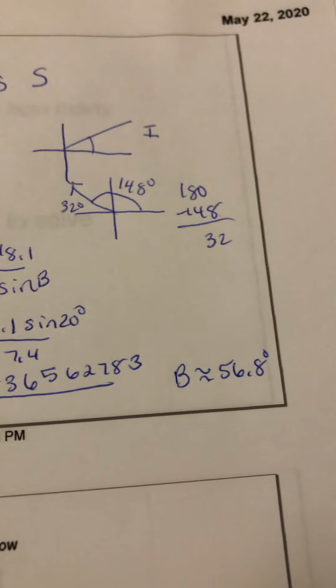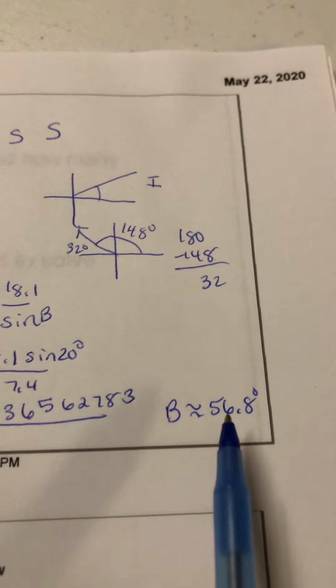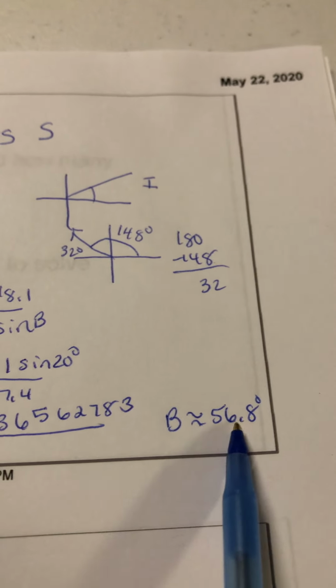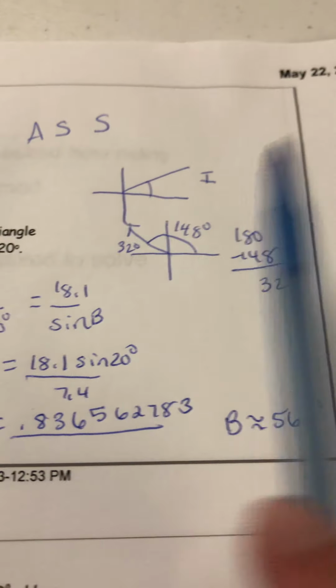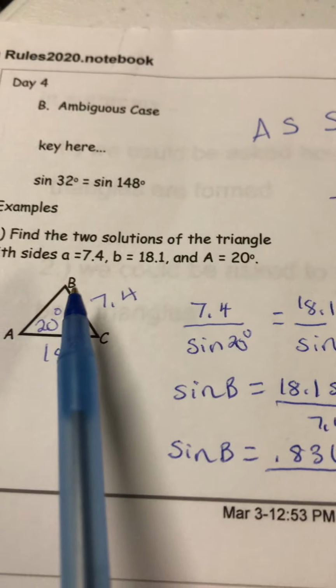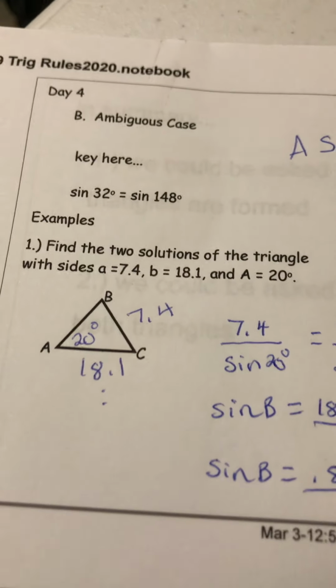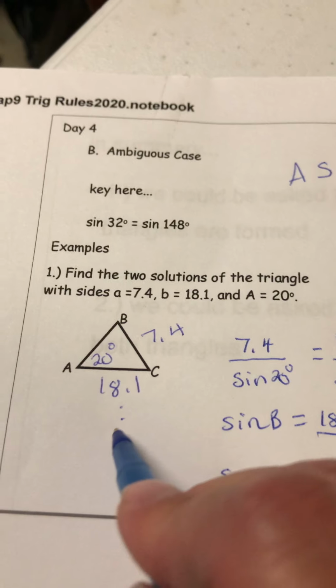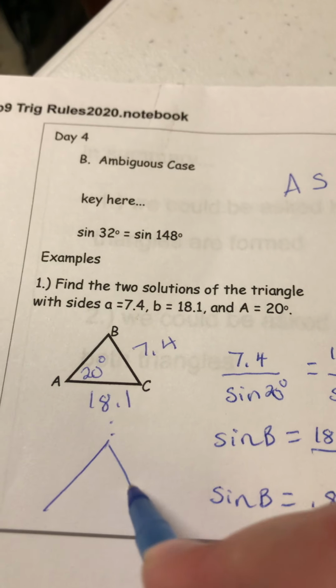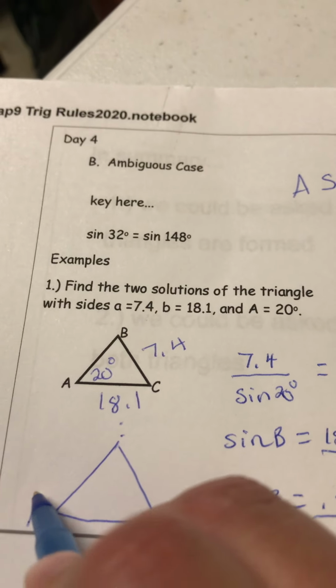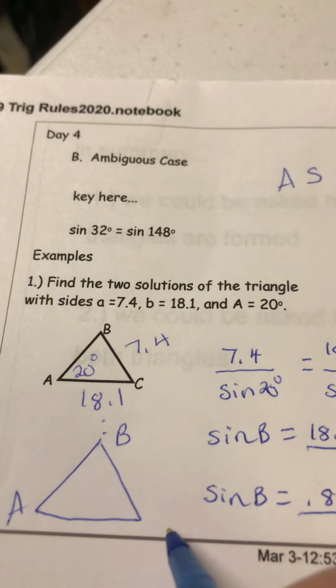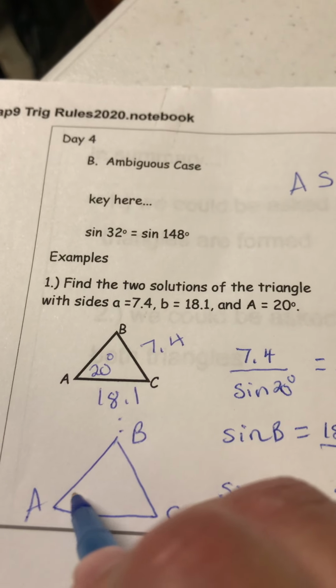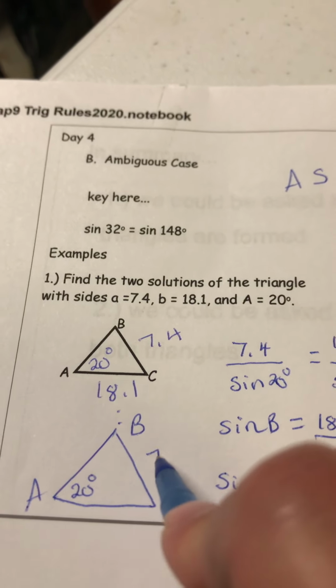But here's the dilemma we face. What if this is actually the reference angle of the true answer? Isn't it conceivable that this angle B maybe is not acute, but in fact it's obtuse? So that means I better draw my second triangle, angle A, B, C. Use the same givens. Angle A is 20 degrees.